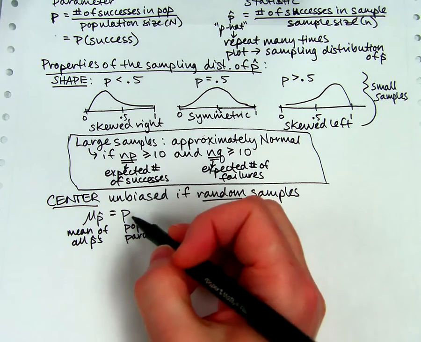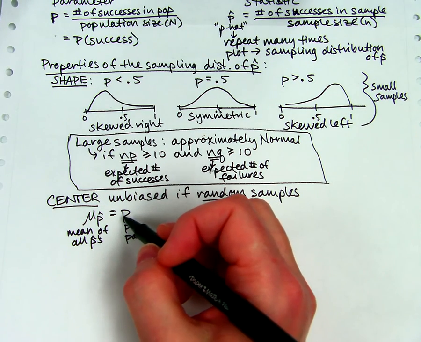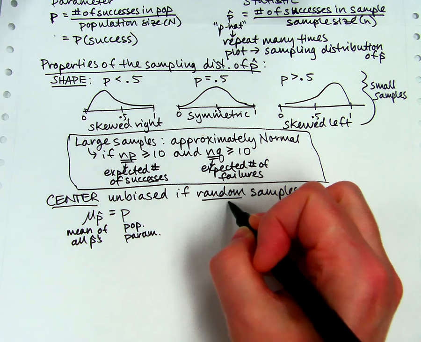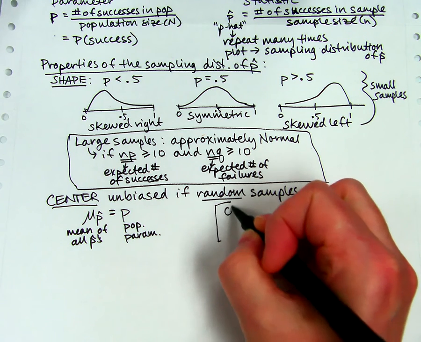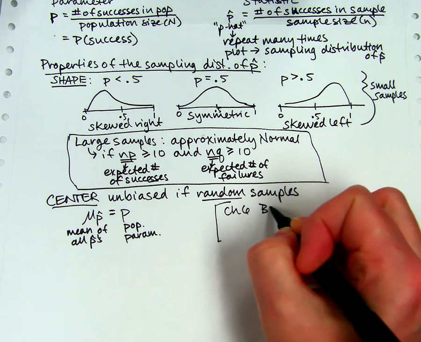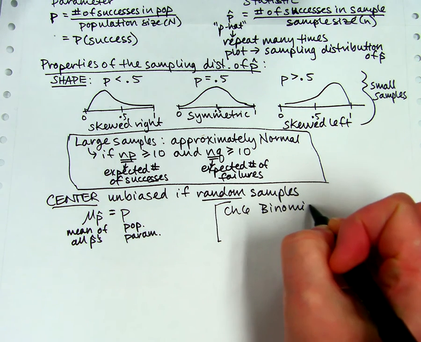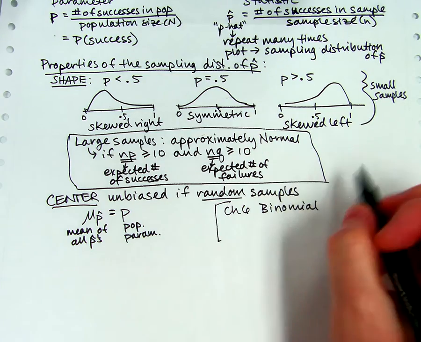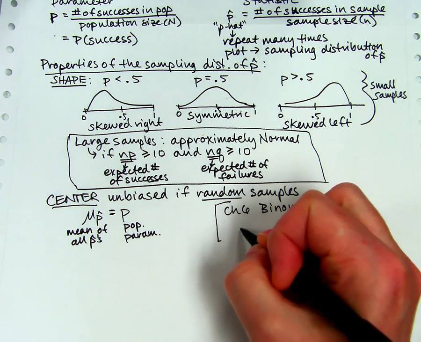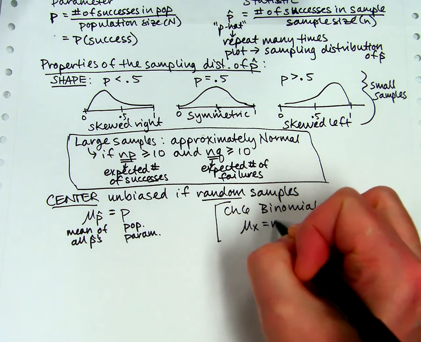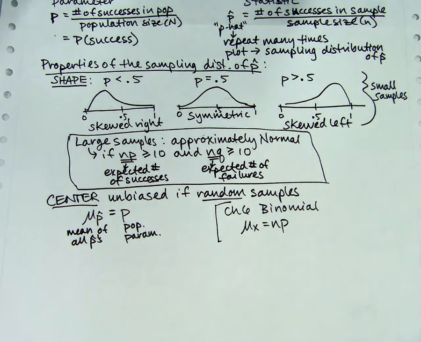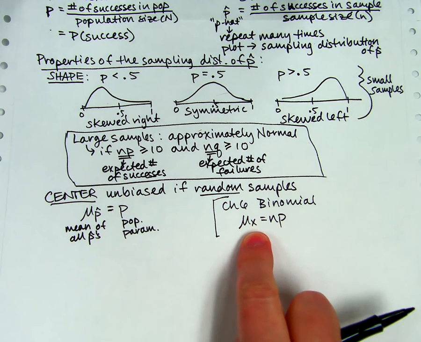And I want to point out that this actually is closely related to the chapter 6 formula that we learned before. So, slight little sidetrack here. Chapter 6, binomial distribution. I told you this is all based on binomial. What we had in chapter 6 was mu x equals np. Well, that's not quite the same, but remember, x is not the proportion of successes, it's the number of successes.